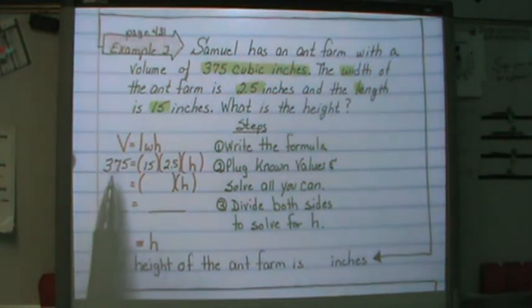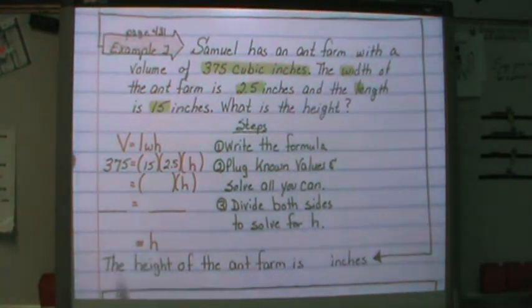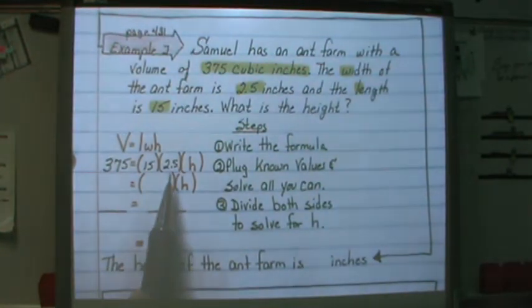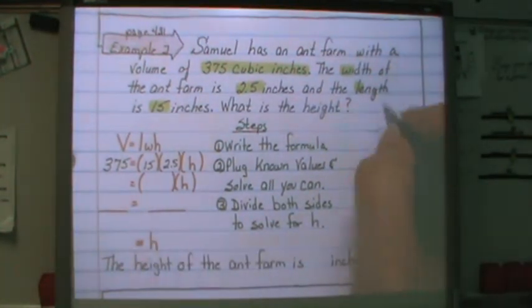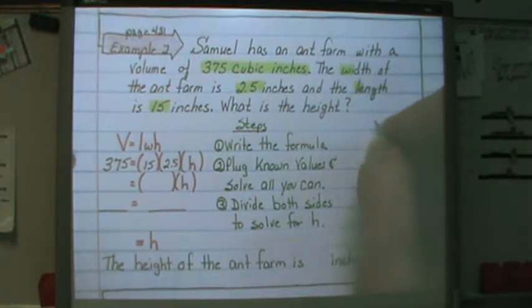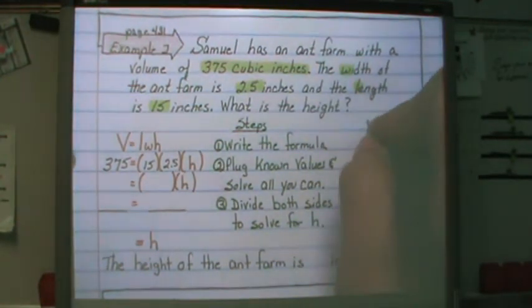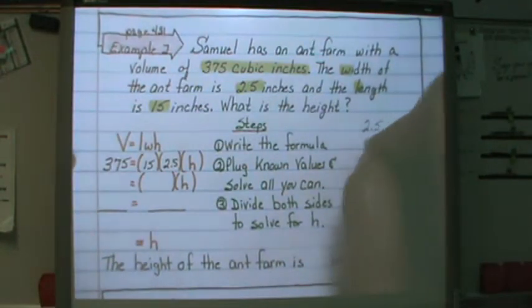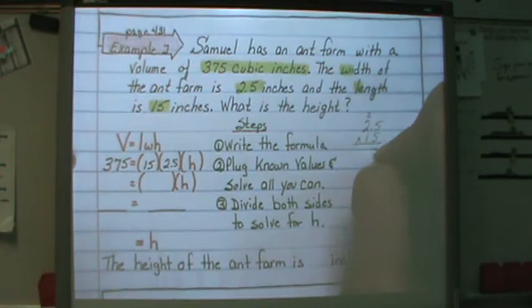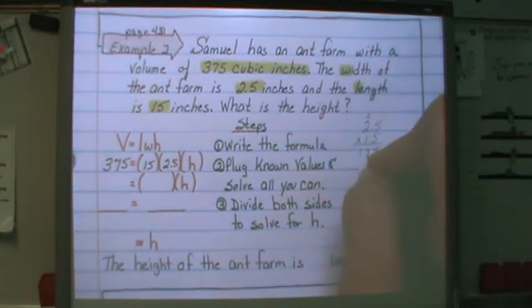There's nothing on the left to solve, but there is 15 times 2.5 on the right. I don't know what that is, so I'm going to have to do some calculations. Remember, when we multiply decimals, you just multiply the regular numbers like they're whole numbers and put your decimal in at the very end. Don't forget your placeholder.